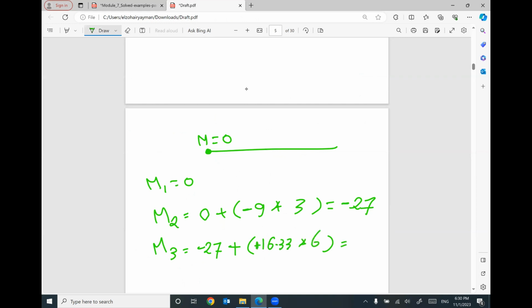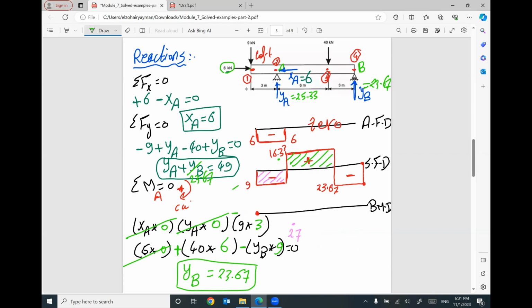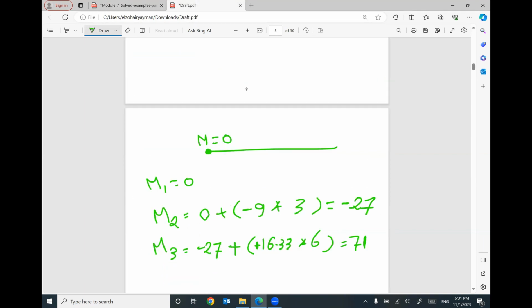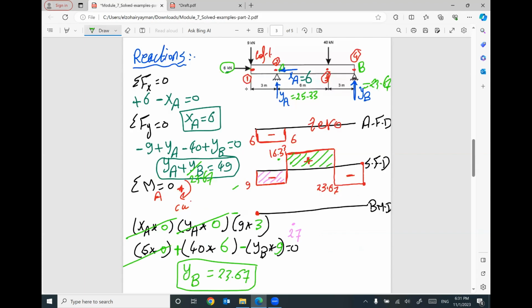So the final value will be 71. So this value will be positive. Positive 71. So this value at this position will be positive 71.